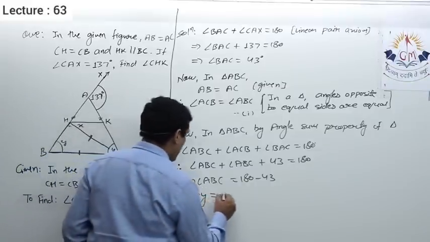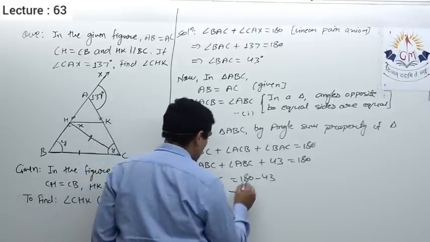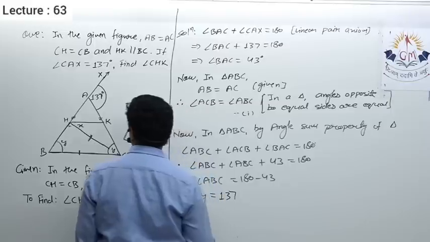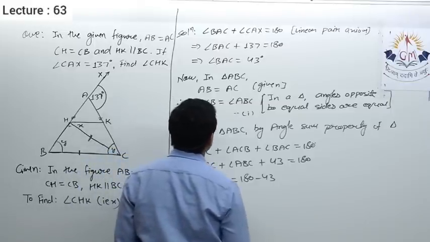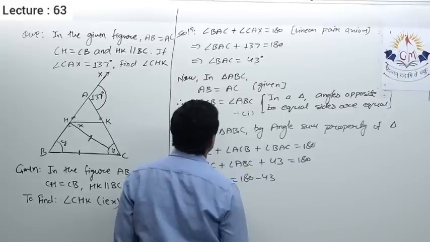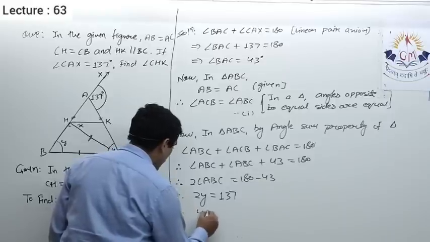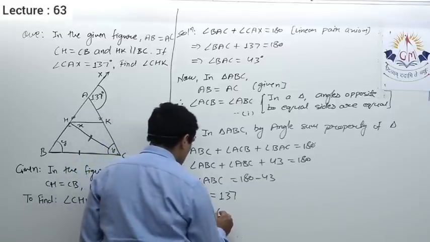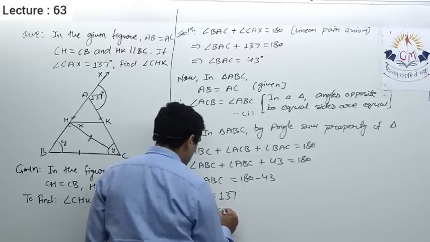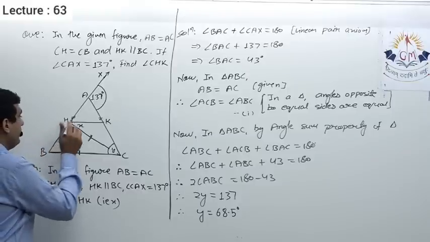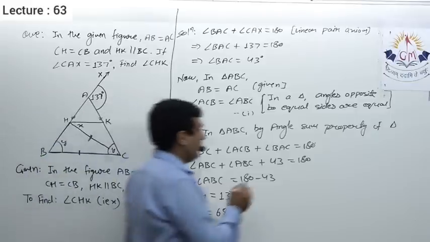So y is equal to 137 by 2. Therefore y is equal to 68.5 degrees. That is the value of y.